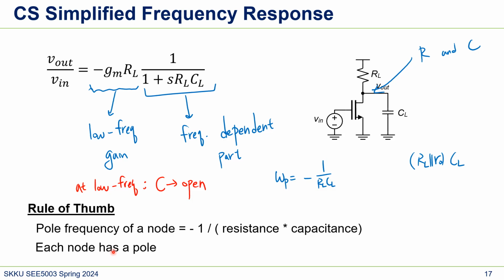But this is technically not true. Sometimes if two nodes are connected, then we may have fewer poles. But this is a good starting point and good intuition to assume things.